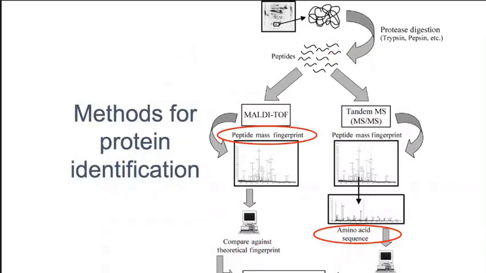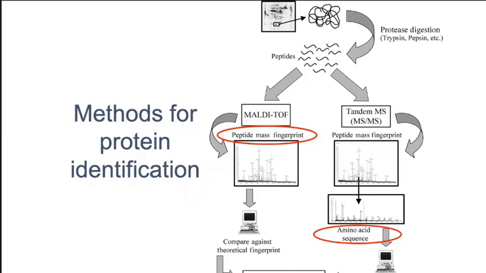We have two ways to identify a protein. First, we take the protein, digest it with the protease, and we have a lot of polypeptides. Then we go to tandem mass spectroscopy.